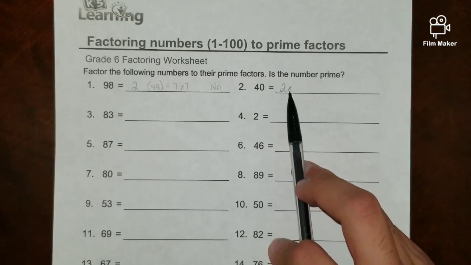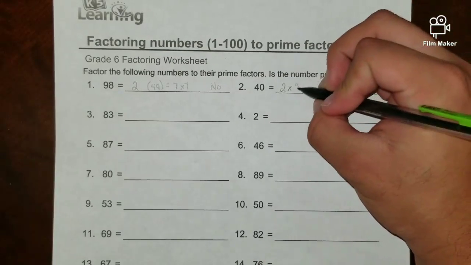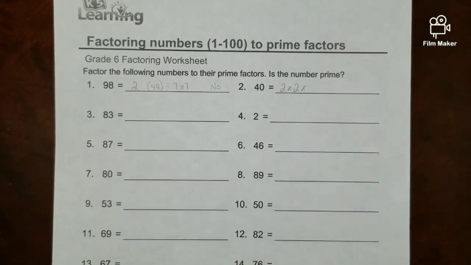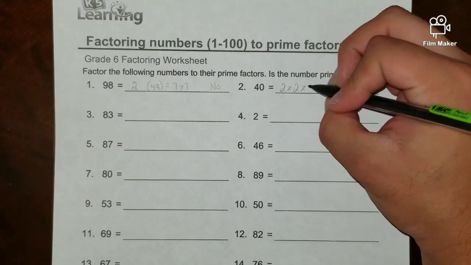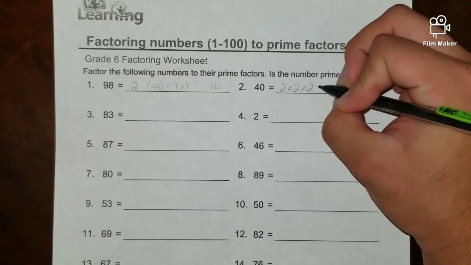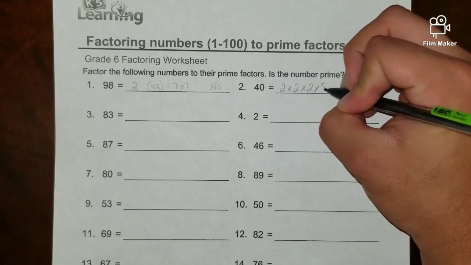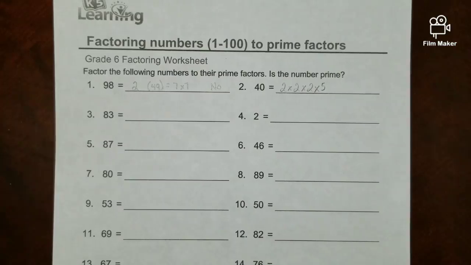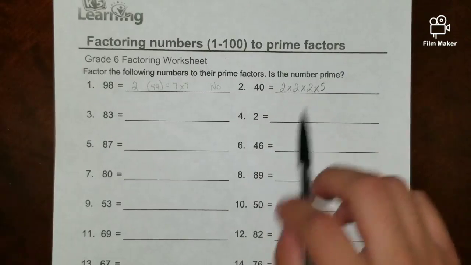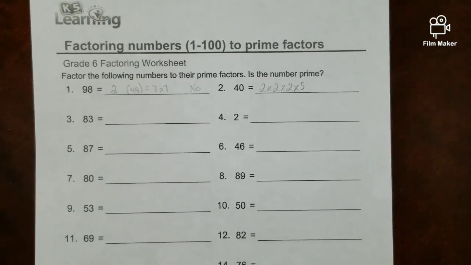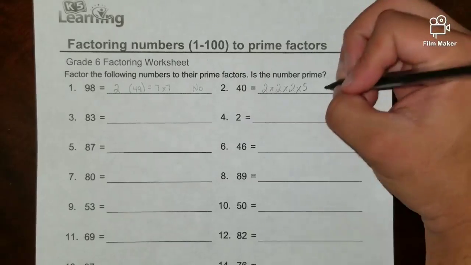And 20, if we take out another 2, will give us 10. And 10, if we take out another 2, we get 5. So this would be the factoring of 40. And since it does have factors, it is not prime, so we write no.